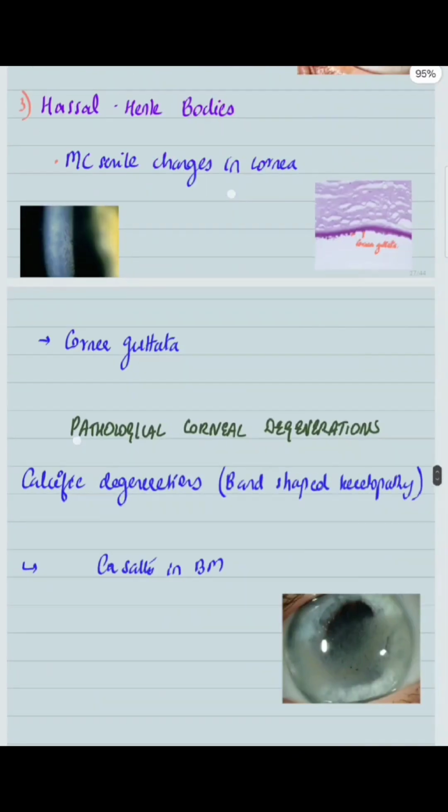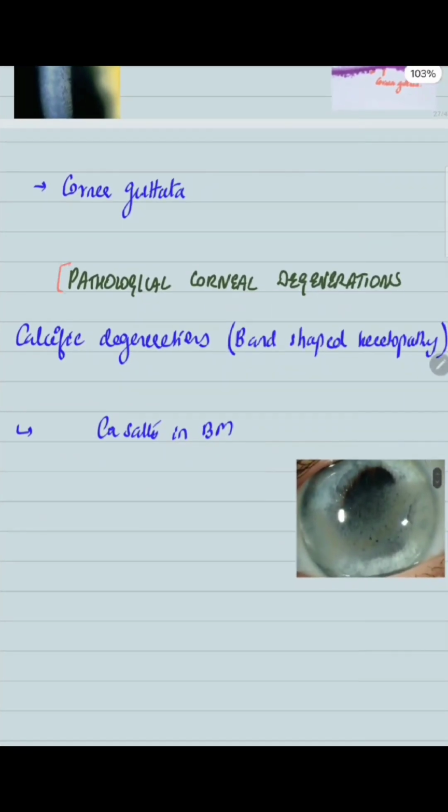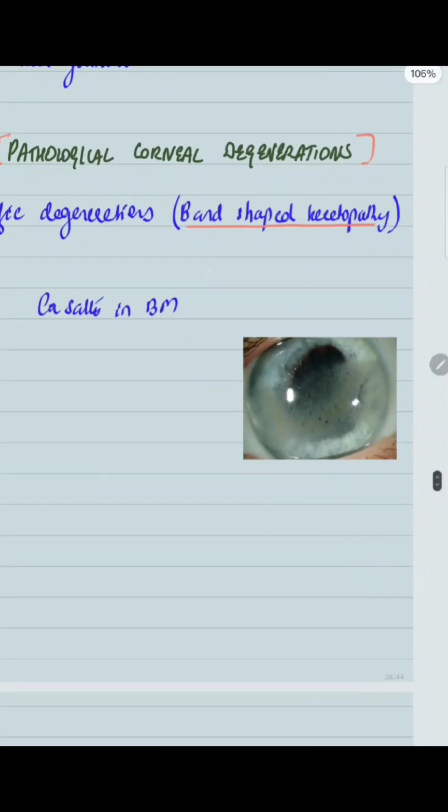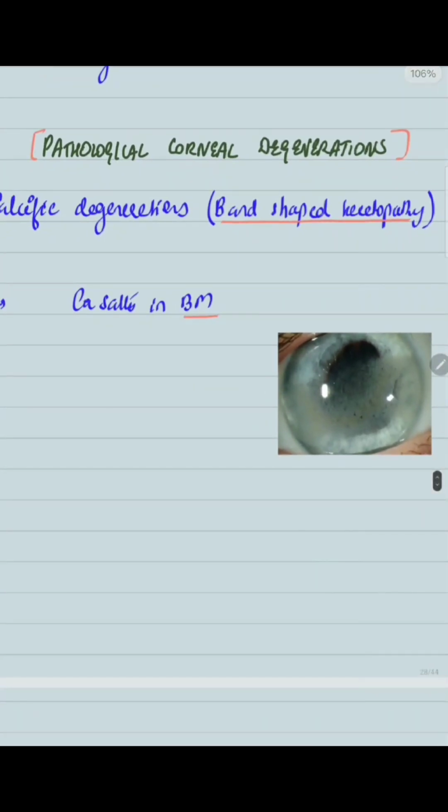Next, coming to pathological corneal degenerations. It can be calcific degeneration, that is band-shaped keratopathy. There is deposition of calcium salts in the Bowman's membrane, the more superficial part of Bowman's membrane, then the superficial part of stroma and deeper layer of epithelium.